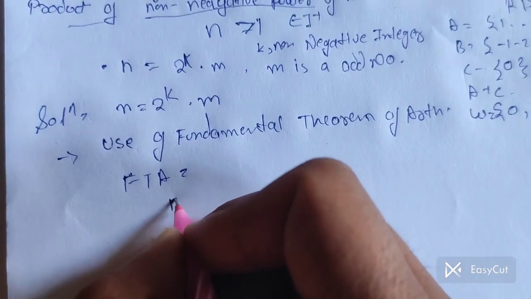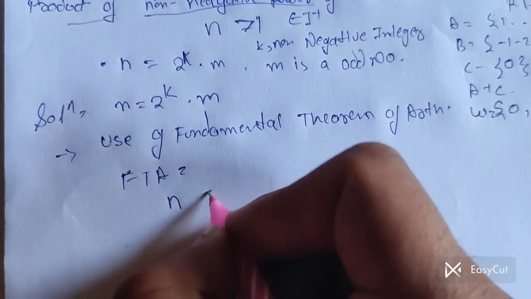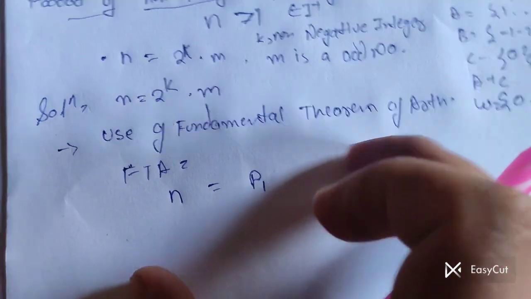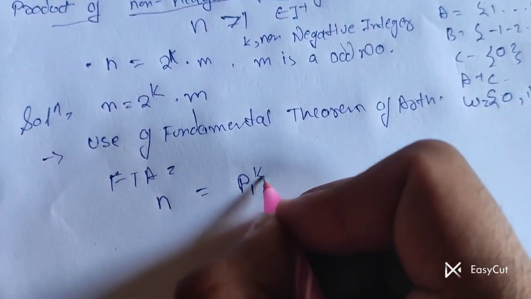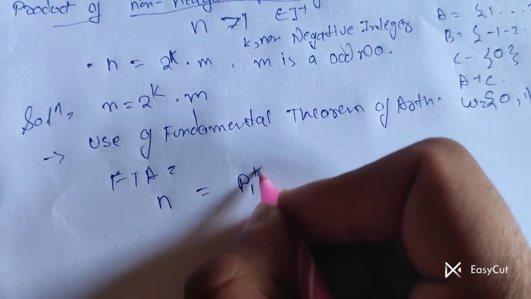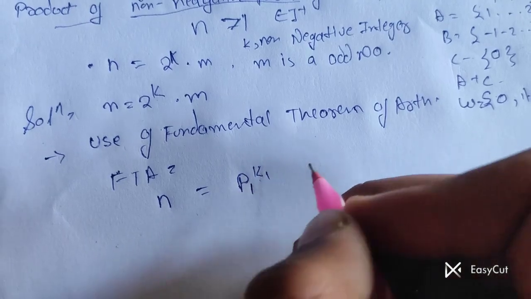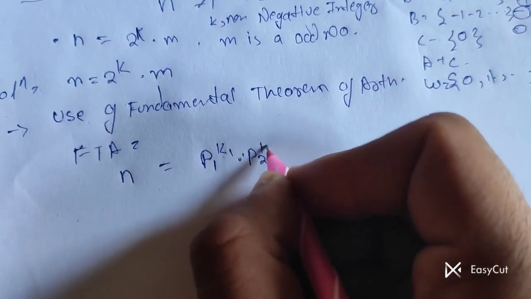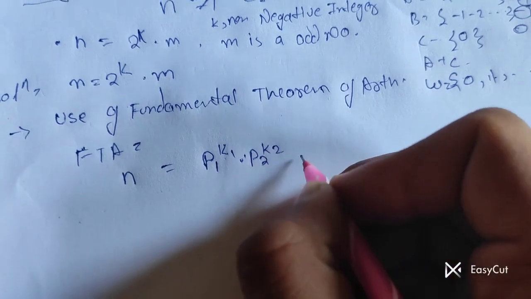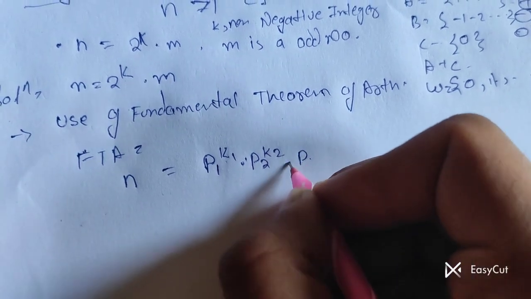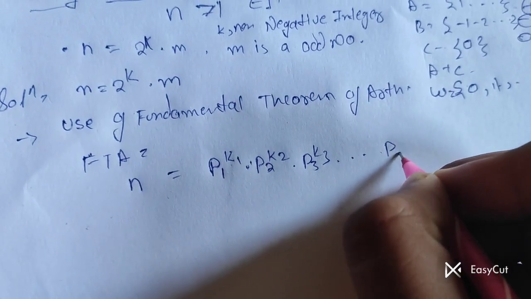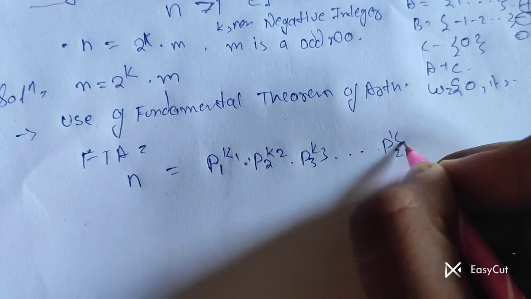So that is our n. It is easily expressed as P1 to the power k1, into P2 to the power k2, and P3 to the power k3, and up to Pz to the power kz.